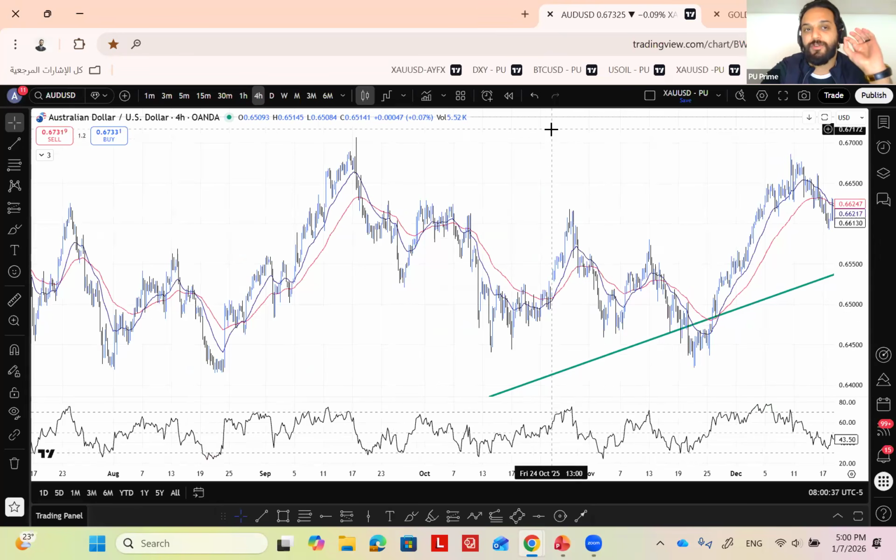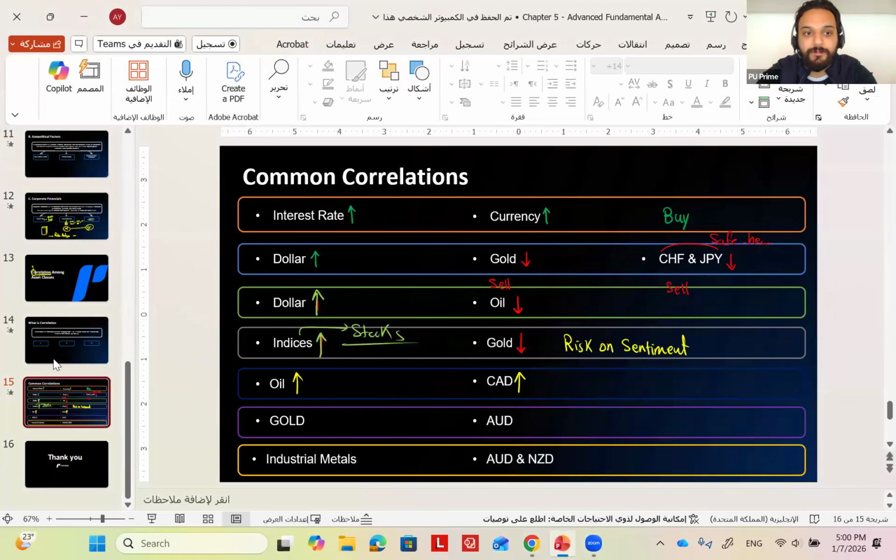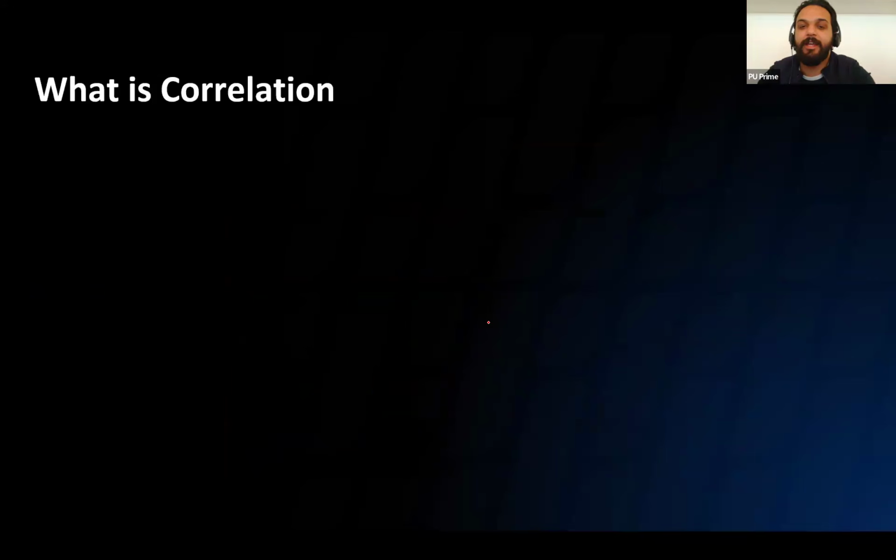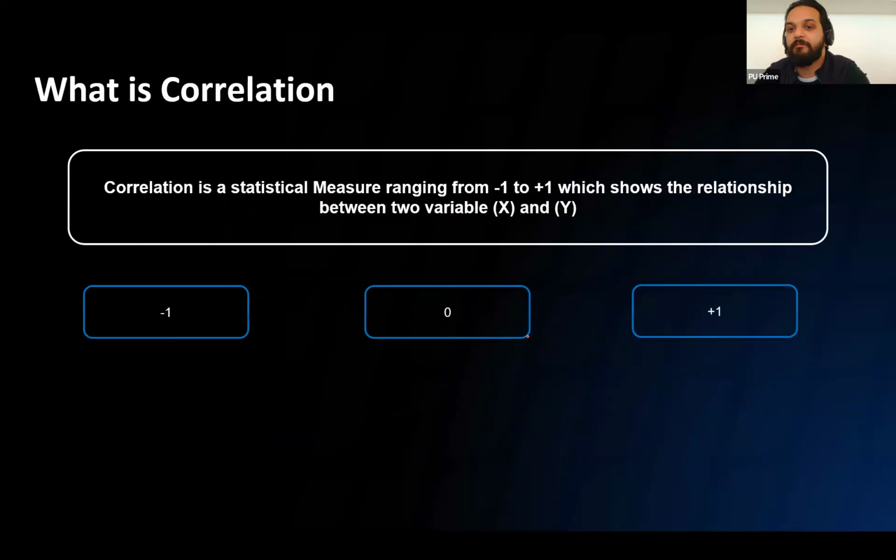Now, guys, it's very important to understand that if both are linked, it does not mean that if one goes 1% up, the other will follow by 1% up. No. Just to help you understand, the correlation might be 0.55. What does it mean? If one currency goes up by 1%, the other might follow, but only by 0.55%.